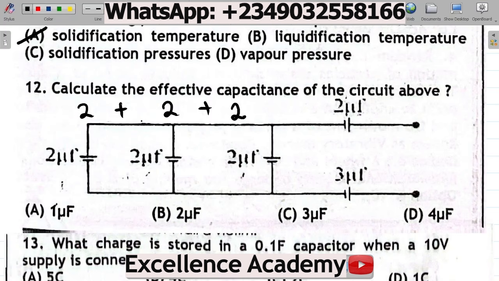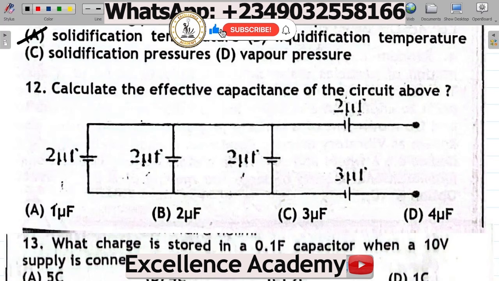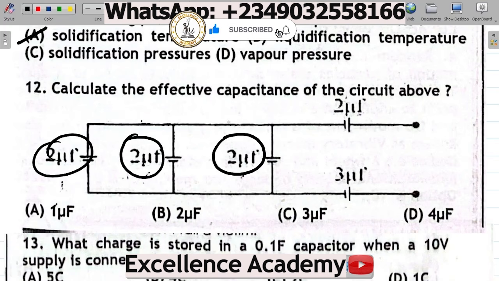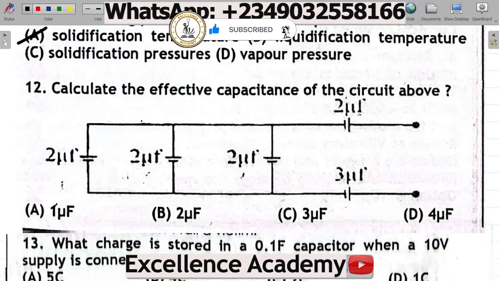Whenever you have capacitors in parallel, just sum the figures. So the capacitance of just these three is 6 microfarad.